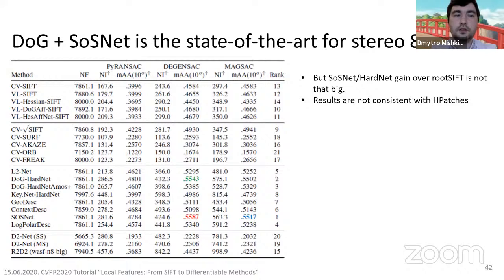While HardNet and SOSNet were trained on just a single sequence of the Brown dataset, and it turns out it's better. So we probably don't know yet how to use more data when training local descriptors. It's not always that you need very large-scale data. Sometimes a little is enough.